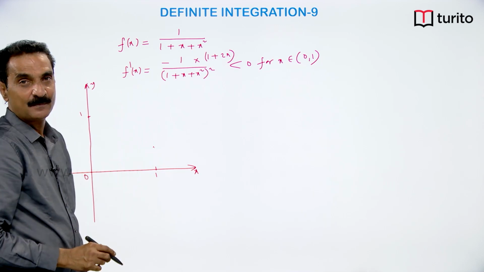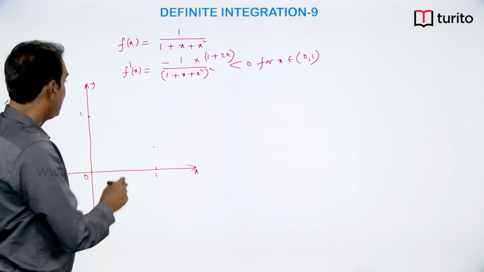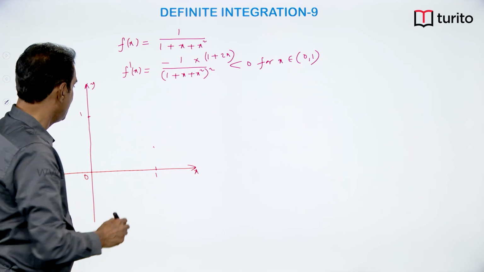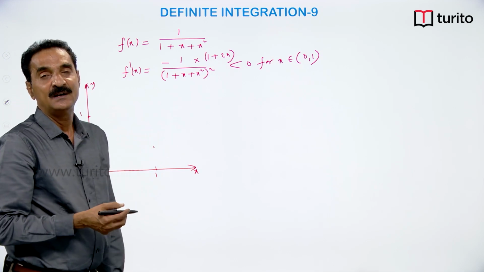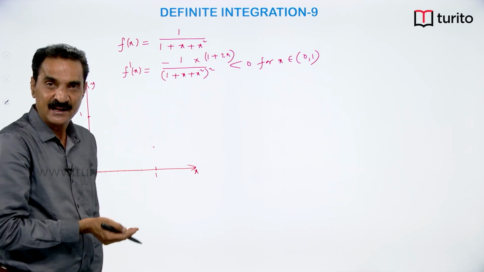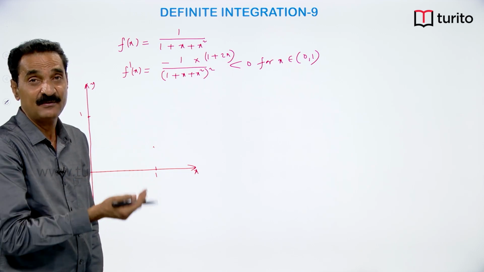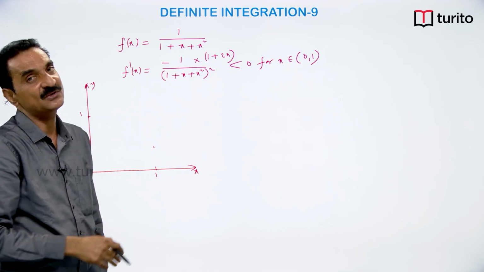F dash x is negative, so it is decreasing, and the direction of concavity is upwards or downwards. Actually we have to find the second derivative and check. If the second derivative is positive, concavity is upwards. If the second derivative is negative, concavity is downwards.